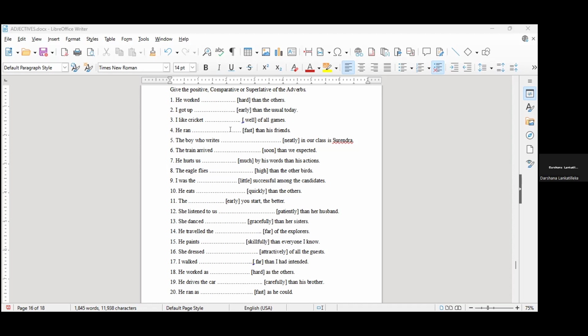Here you have to use the superlative form, and you can use either farthest or furthest. Both are accepted.